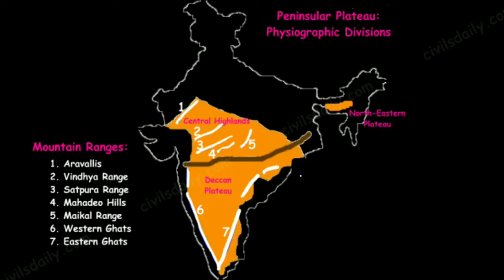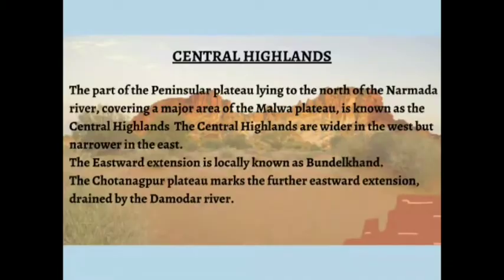It is the part of the Peninsular Plateau lying to the north of the Narmada River. Narmada River is flowing towards the west, towards Gujarat, and to the north of Narmada the Central Highlands are located. Central Highlands are wide towards the west, but towards the east they become narrower.